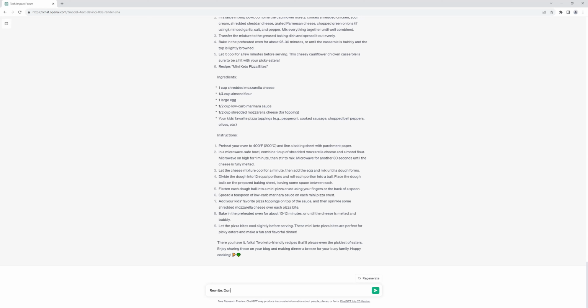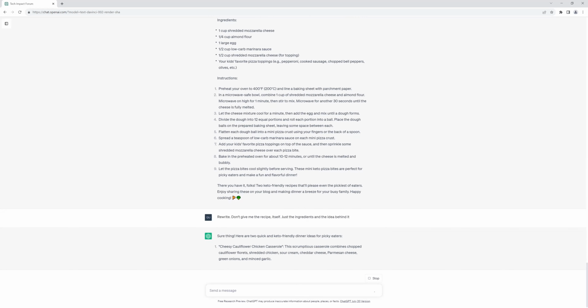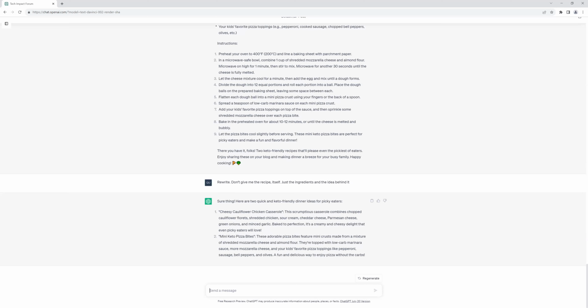So rewrite, don't give me the recipe itself, just the ingredients and the idea behind it. And there we go. It doesn't give me the recipe. It just gives me the idea of the recipe. And so I've prompt engineered it to give me something different from what I had originally had.